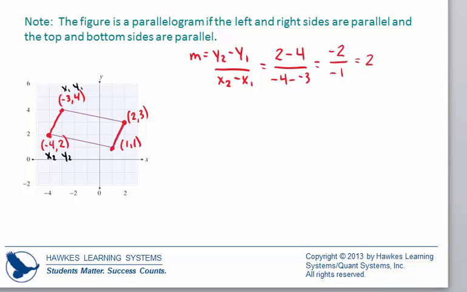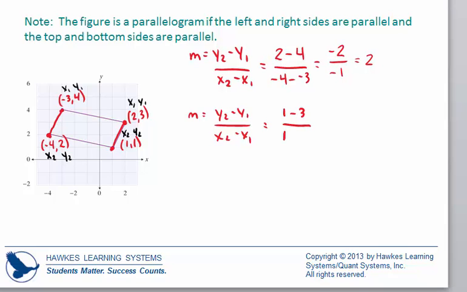All right, so let's check the other side. Again, let's label these points: we'll let this be x1, y1 and x2, y2 for the 1, 1. Let's plug into our slope formula. For y2, I'm going to put a 1. For y1, a 3.